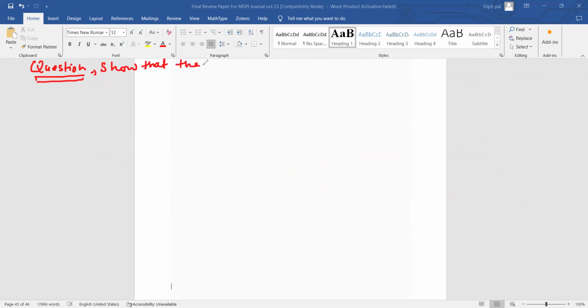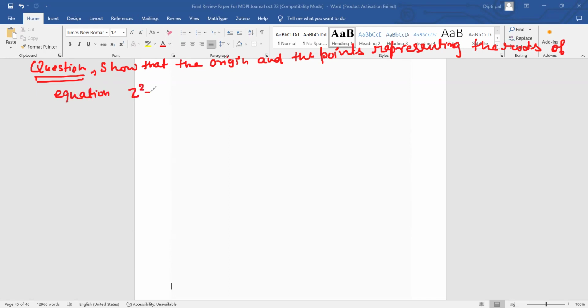Show that the origin and the points representing the roots of the equation Z square plus PZ plus Q equal 0 form an equilateral triangle if P square equals 3Q.